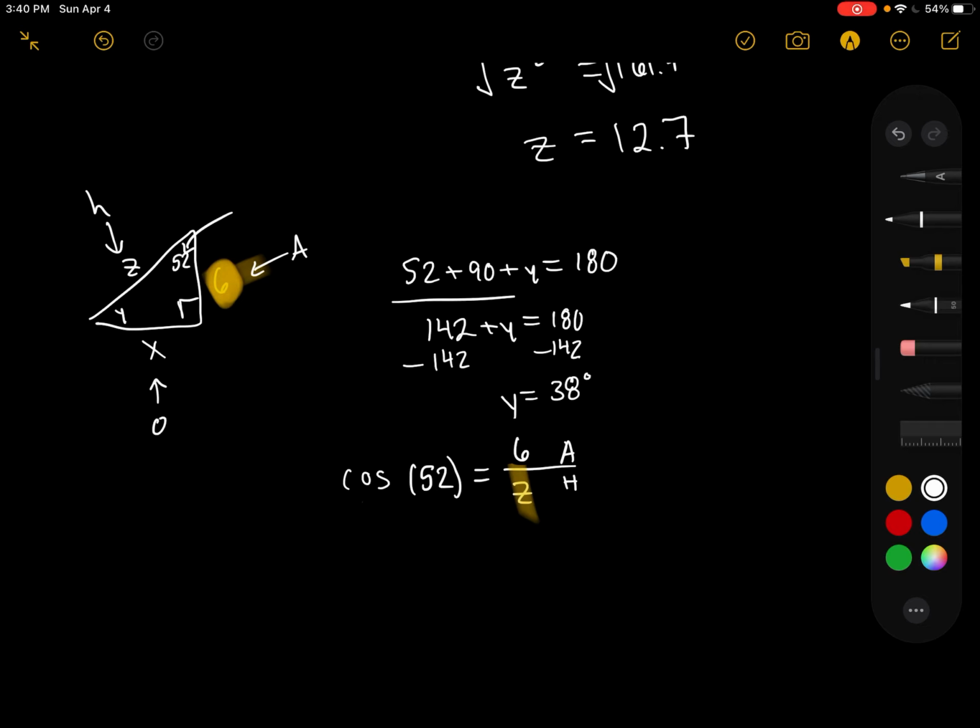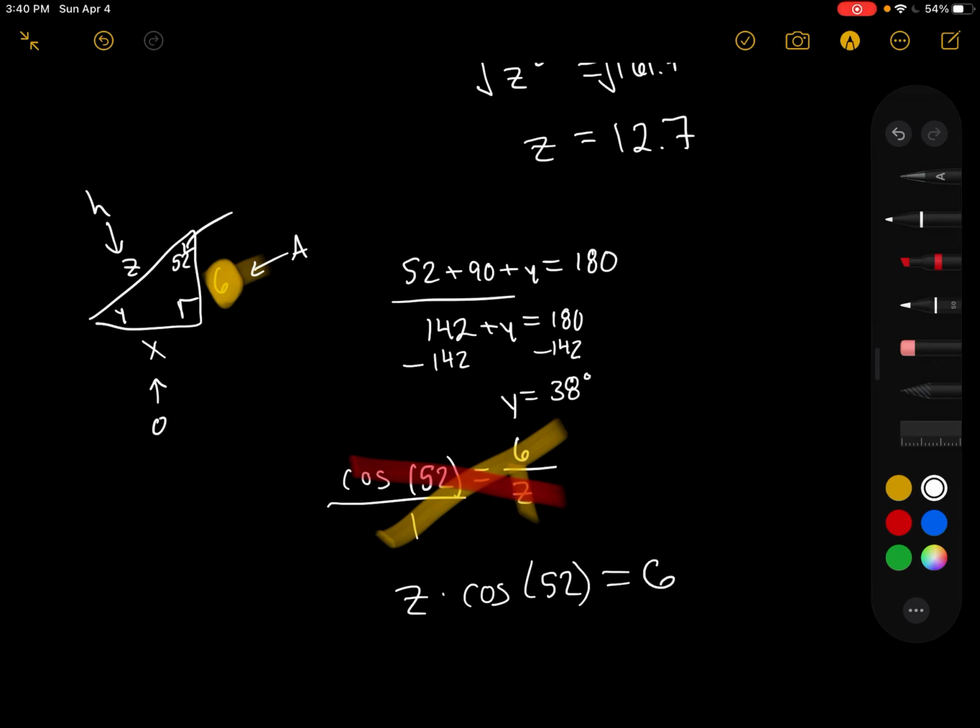So we can go ahead and punch that in. So cosine of 52. Have our value for that. And then start to use our algebra to solve. So again, cross multiply. So z times the cosine of 52 equals 6.